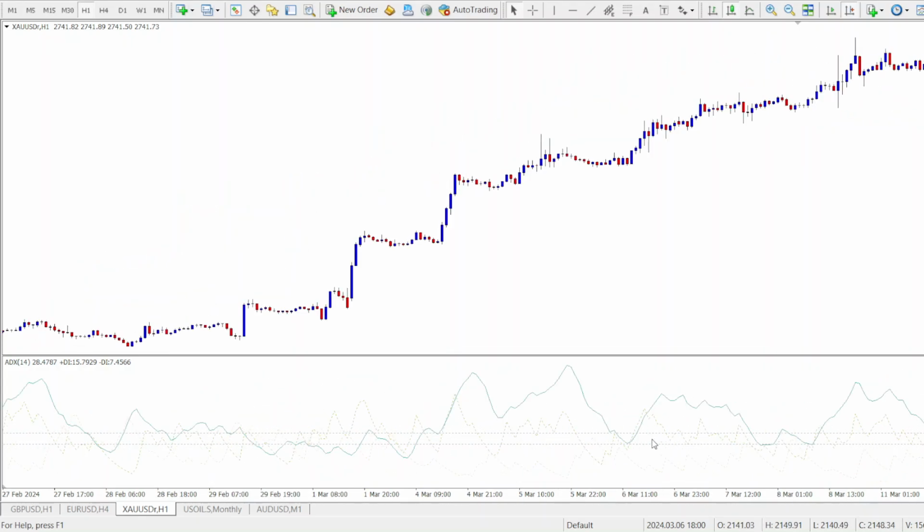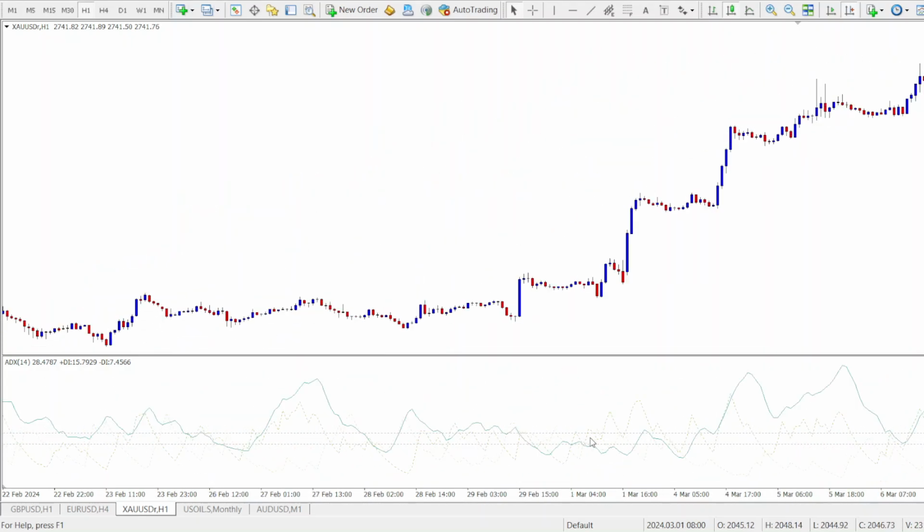Okay, so now let us look at a practical example. We can see that the ADX lines are below 20 at this point. We can see this blue line and this dotted line are below. But then they both cut above 20, indicating that a trend is starting.